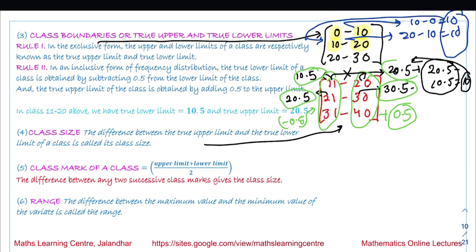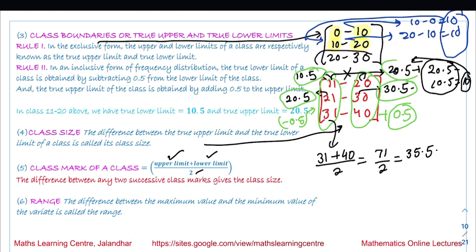Next is the class mark of a class. It is the upper limit plus lower limit divided by 2. If we have to calculate the class mark over here, it is 31 plus 40 over 2. The answer we get is 71 over 2, which is equal to 35.5.